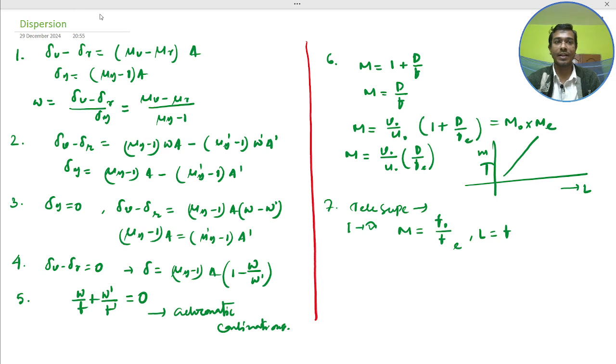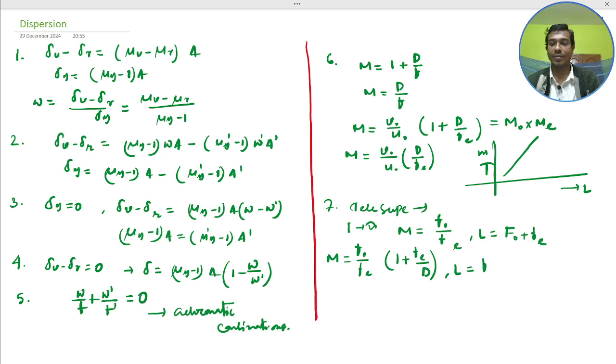Total length is basically the telescope focus f naught plus fe, and for distinct vision the M would be (f naught by fe) (1 plus fe by D), and the L would become f naught plus D fe divided by (D plus fe). L is the length of the telescope tube. Next one, the shift of position of the eyepiece, S, would become fe square divided by (D plus fe).